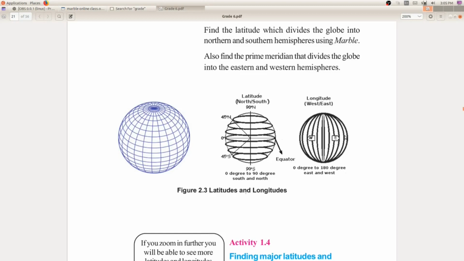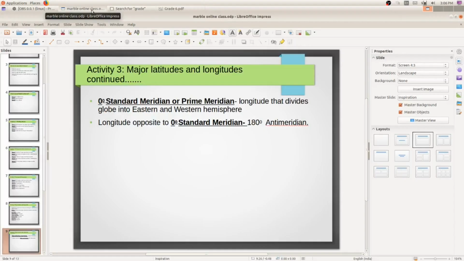One is this one, the eastern hemisphere, written as E, and this one, the western hemisphere, written as W. Is it clear, my dear students? So this much about the latitudes and longitudes.